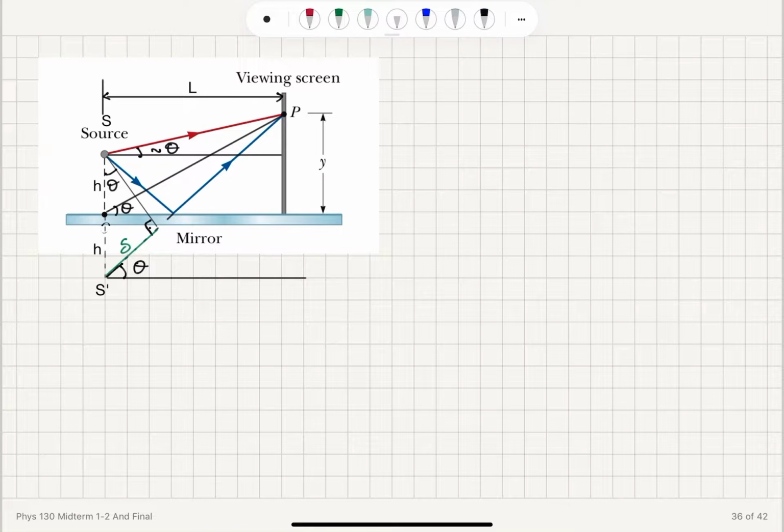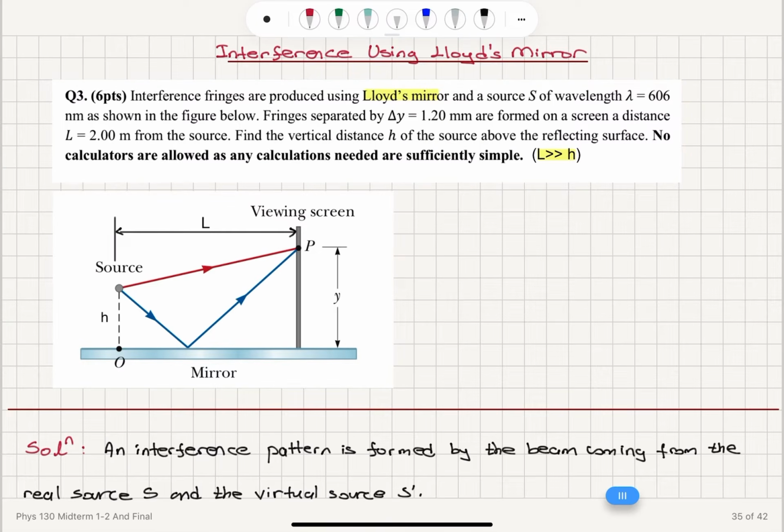We have the real source S, and the image of this source on the other side at a distance h with respect to the mirror. We have a virtual source S prime. So we have a beam coming from the virtual source, that's the blue one, and the beam coming from the real source, that's the red one. And that coming from the virtual source is actually a reflected beam from the mirror.